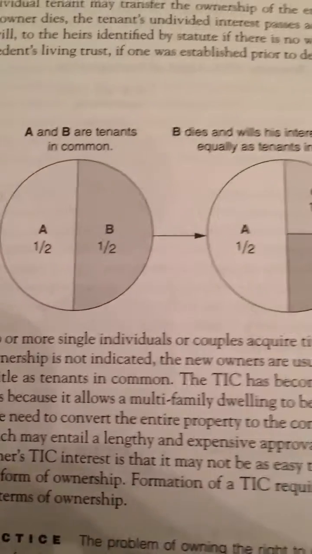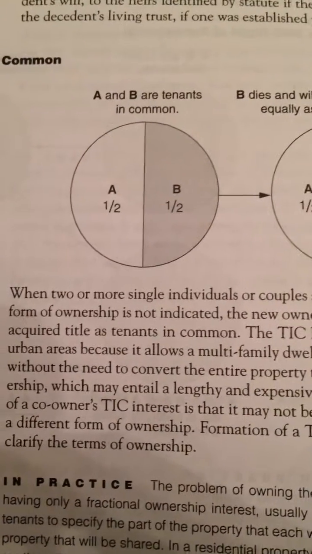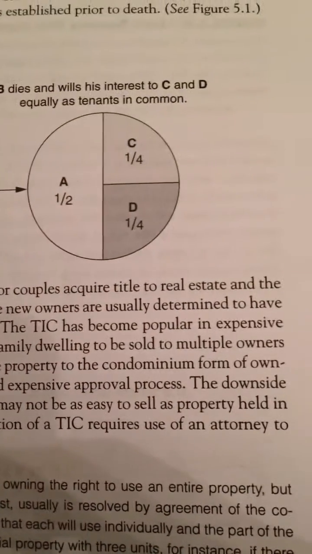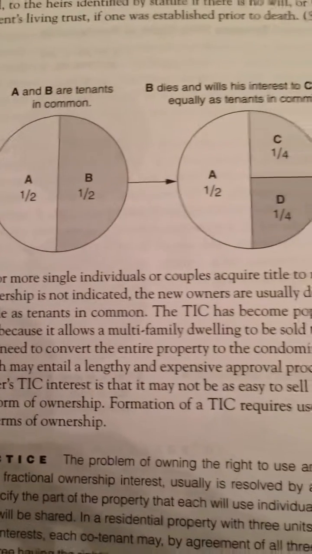When two or more single individuals or couples acquire title to real estate and the form of ownership is not indicated, the new owners are usually determined to have acquired title as tenants in common.